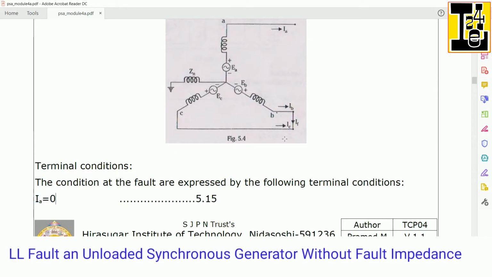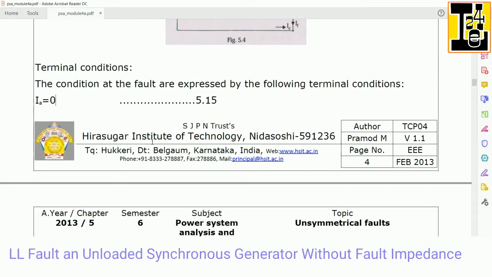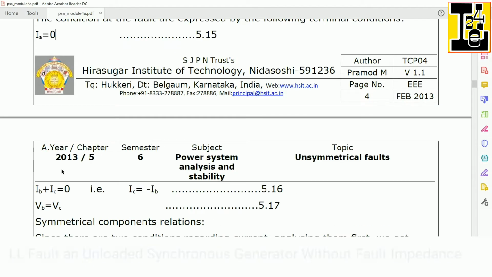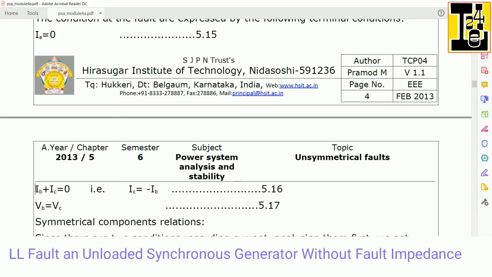As the fault is taking place between B and C, the other line current IA is equal to 0. We can also write that the sum of the current in phase B, that is IB, and the current in phase C, that is IC, is equal to 0.